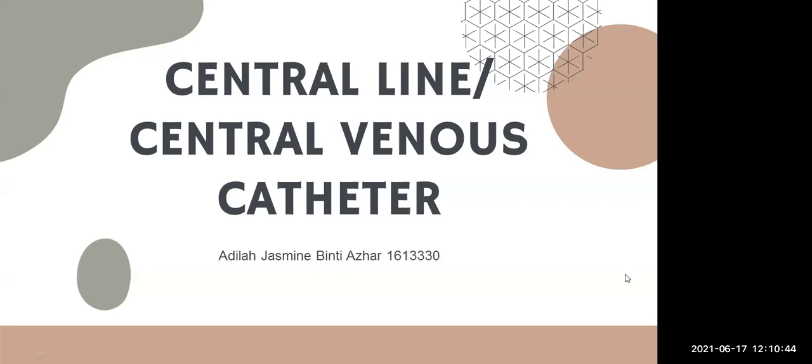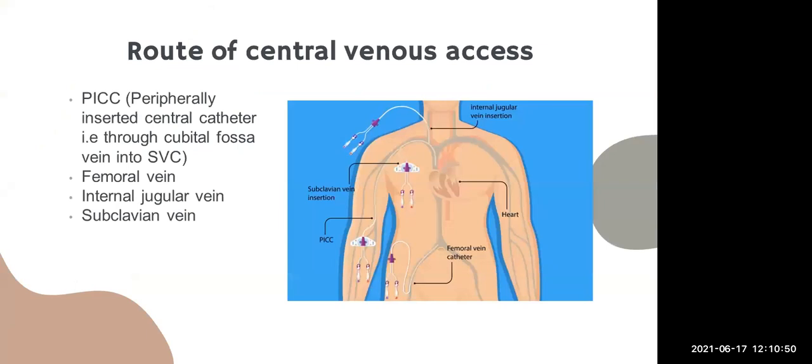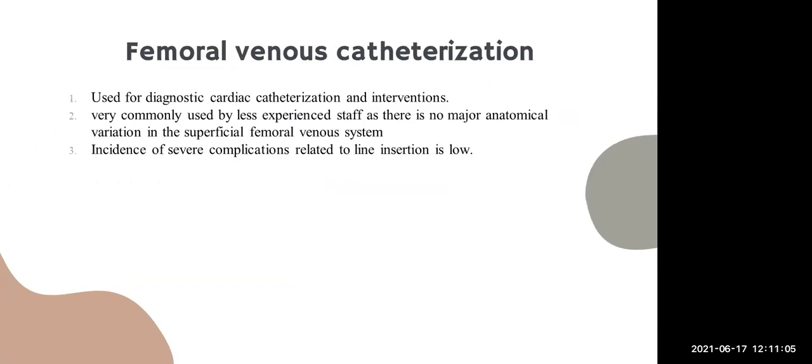Okay. My name is Adila and I will start presenting on central line, or central venous catheter. The routes for central venous access include peripheral inserted central catheter, femoral vein, internal jugular vein, and subclavian vein. But for today, I will focus on the femoral vein.